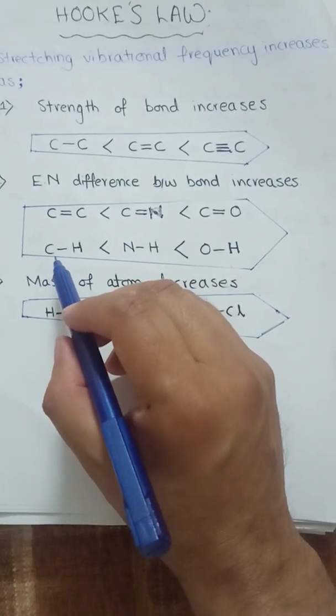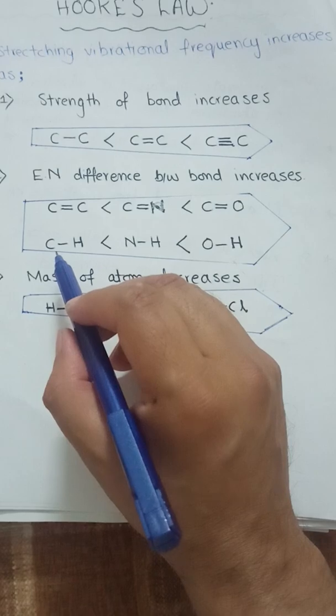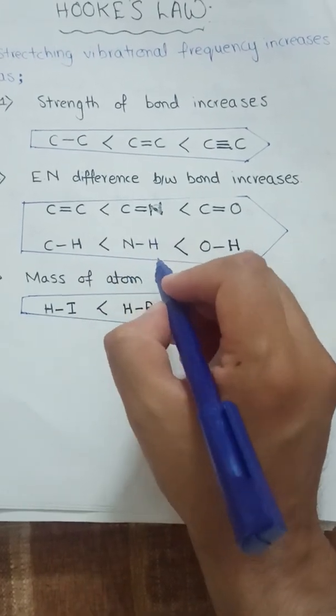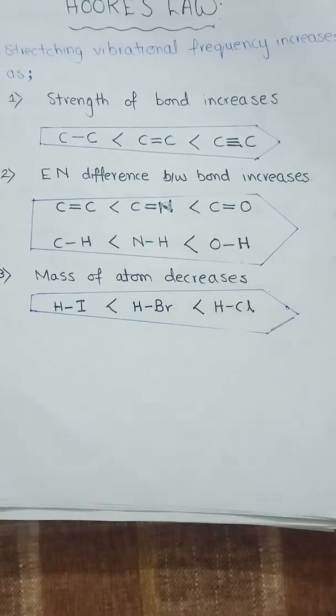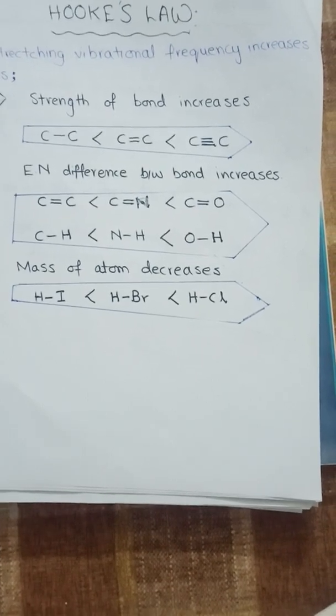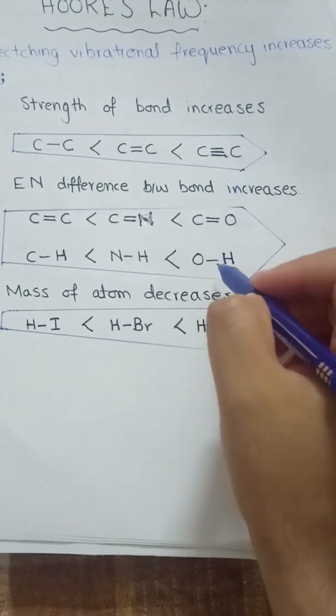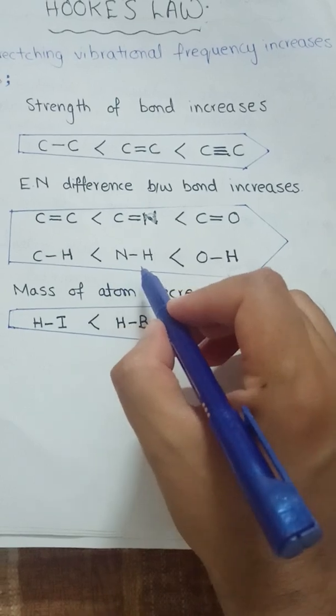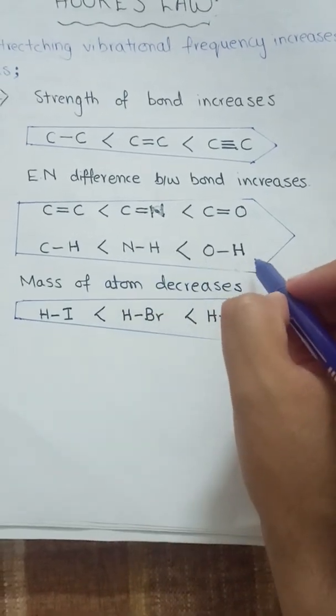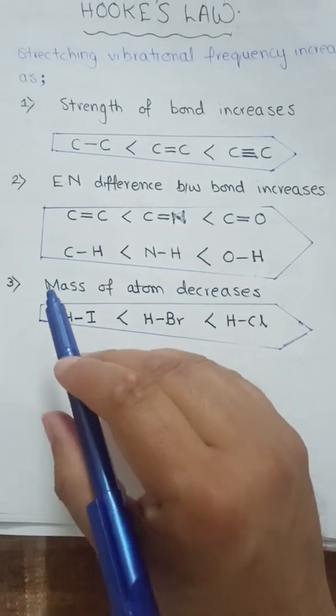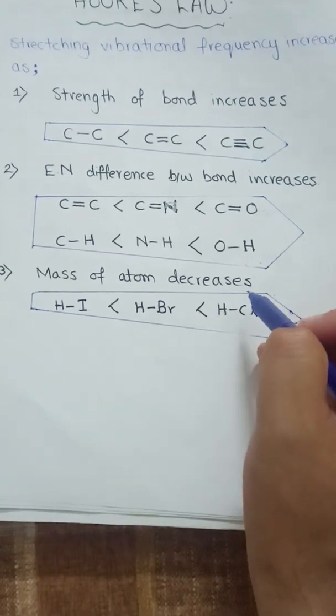Similarly, if we look at another example, the difference between CH, then NH and OH increases. So the electronegativity difference increases, and in this way the absorption frequency of these bonds increases. The third one is the mass of atom decreases.